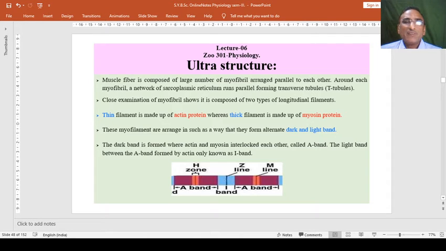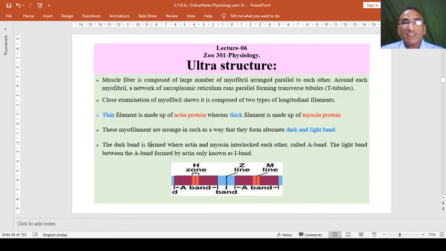The thin filament is made up of the actin protein, and the thick filament is made up of myosin protein. These are the two different molecules we saw in the previous lecture. So actin and myosin are the protein molecules which collectively form the muscle.